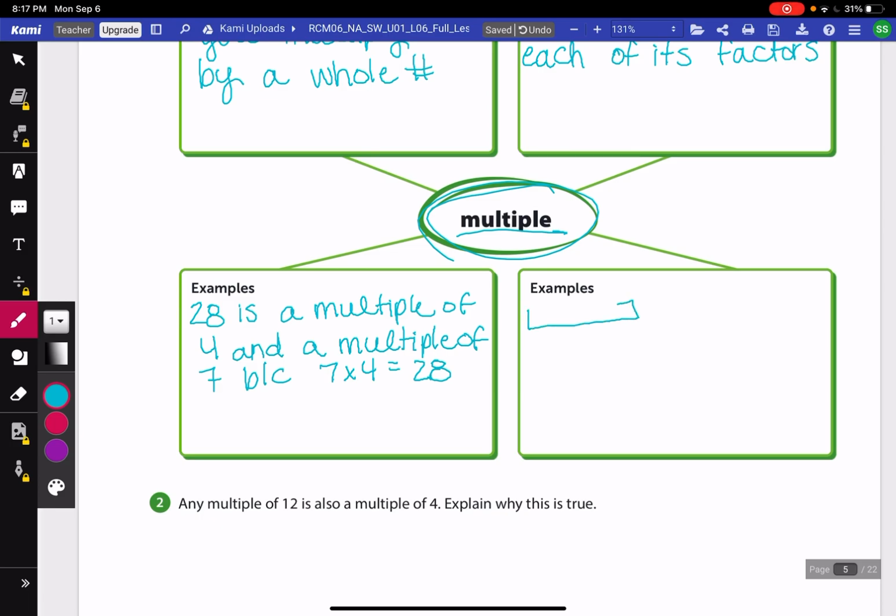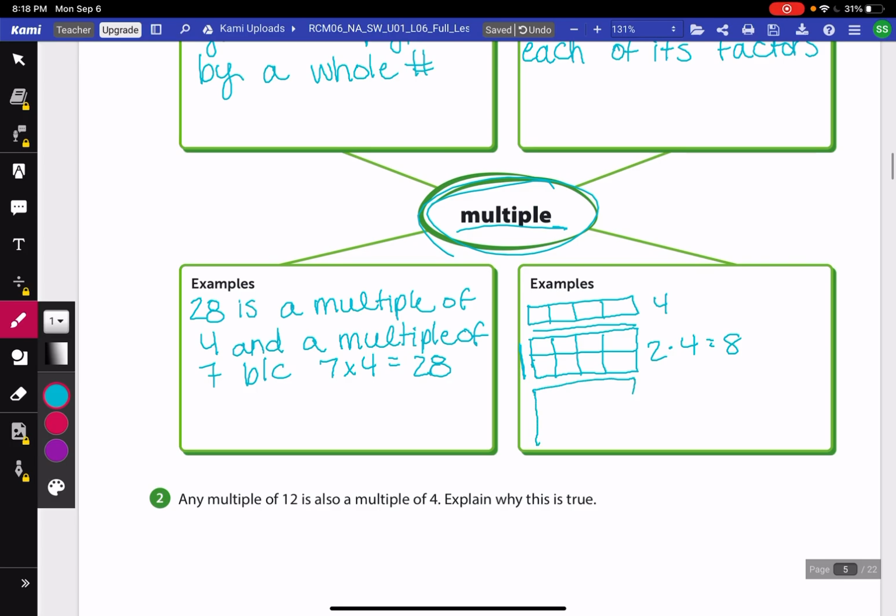All right, another example. Let's draw a picture. So here we have 1, 2, 3, 4. Then we have 2 by 4, and we know that equals 8.